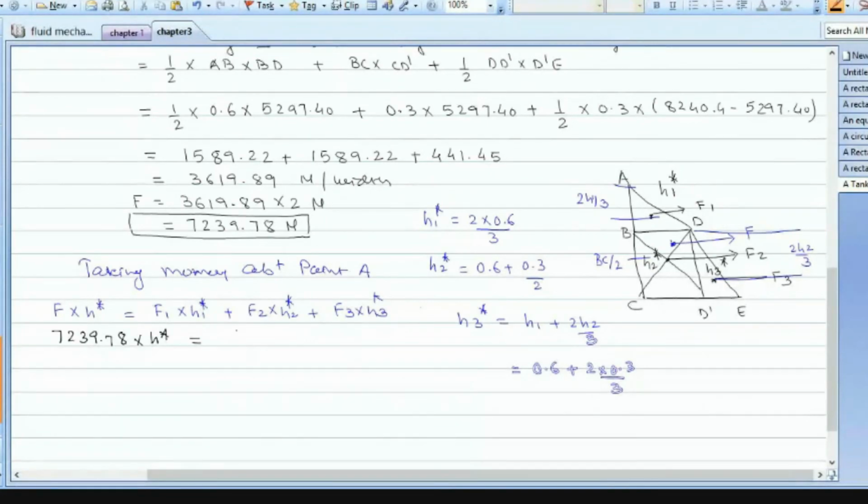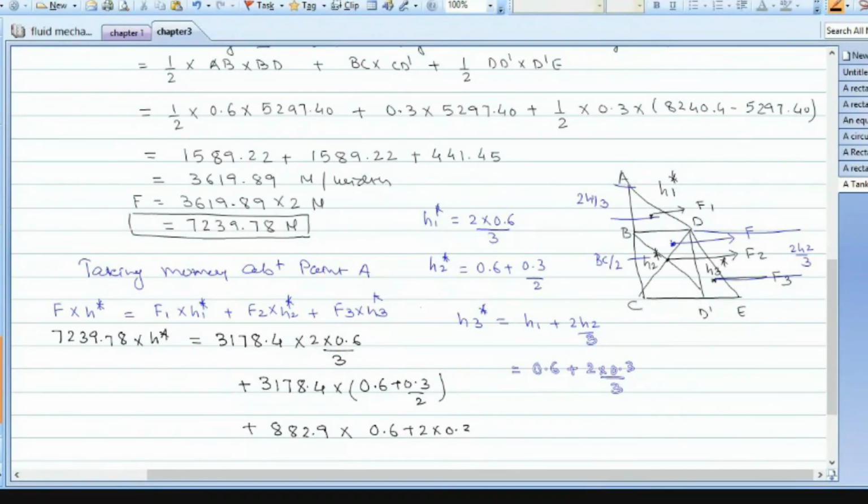F1 is 3178.4 into H1 star, that is 2 into 0.6 divided by 3, plus F2, which is again the same value, 3178.4, into H2 star, which is 0.6 plus 0.3 divided by 2, plus F3, which has the value 882.9, into H3 star, that is 0.6 plus 2 into 0.3 divided by 3.